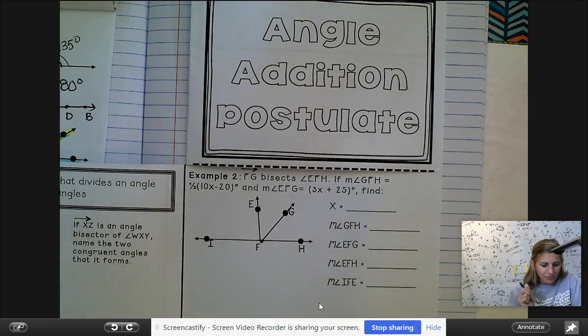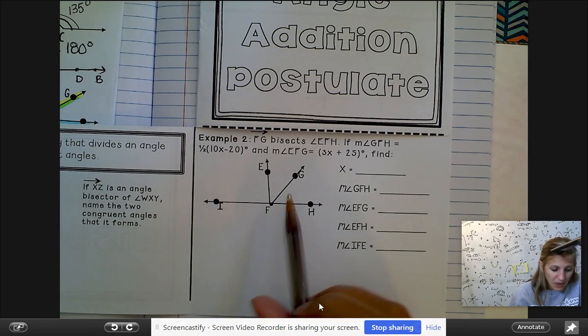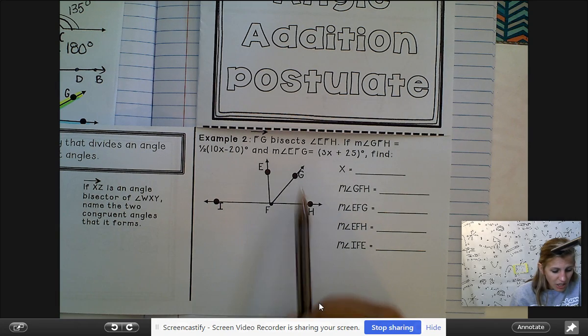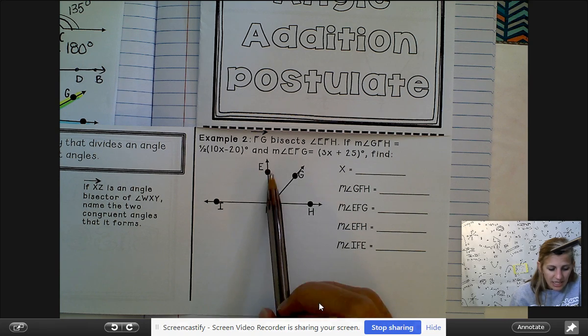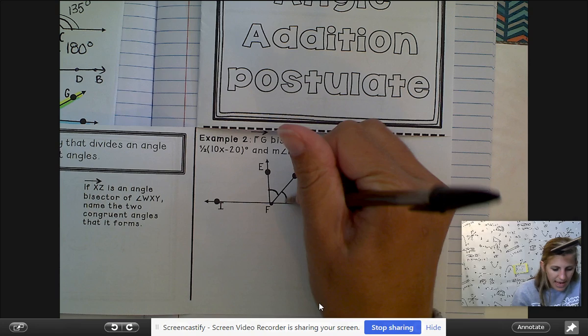Okay, so if we take a look at the example here, we're going to want to mark some things in our picture. FG is bisecting EFH, which means that this ray is cutting this angle equally in half. So I can say this angle is congruent to that one.